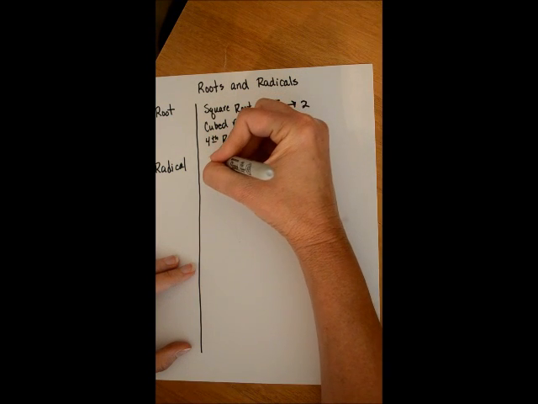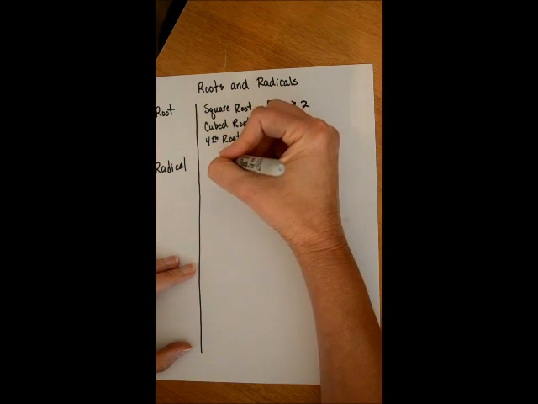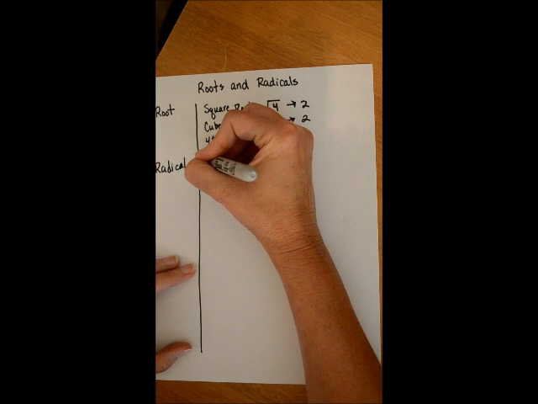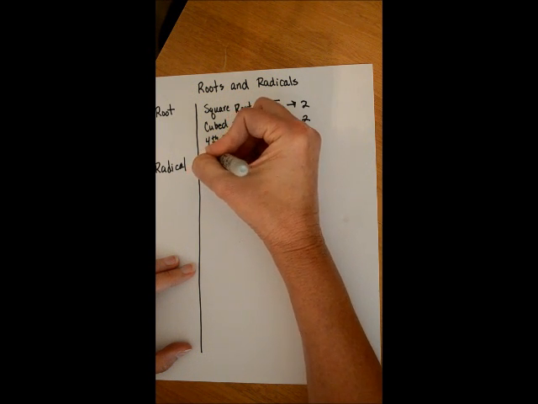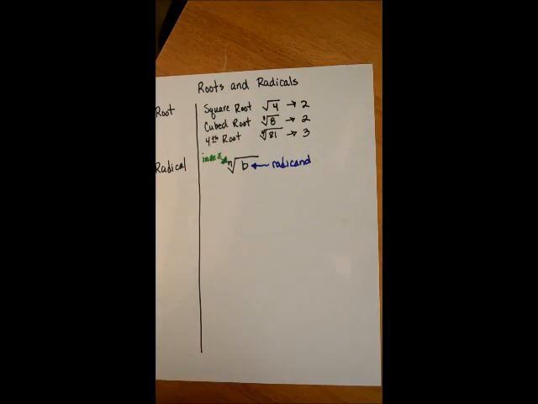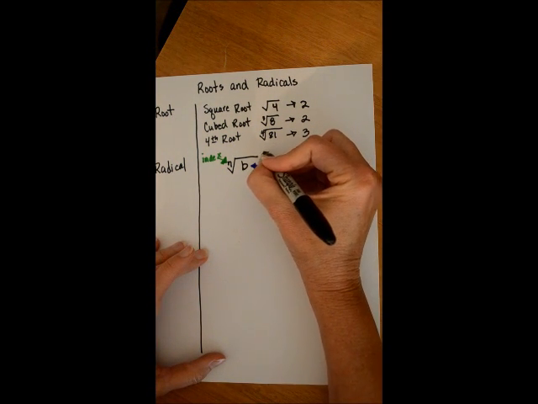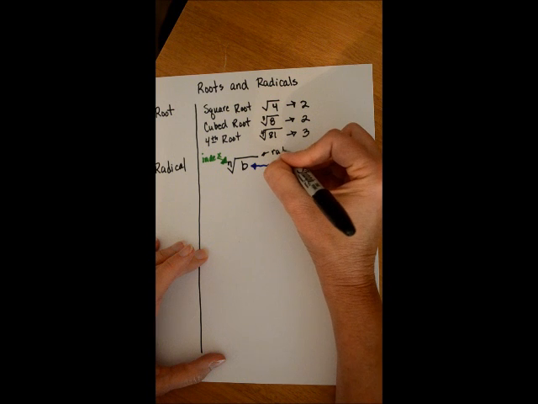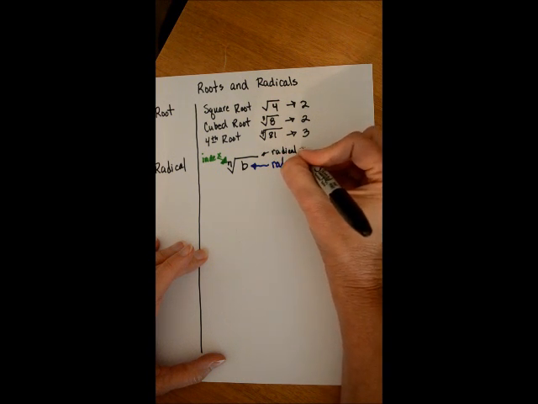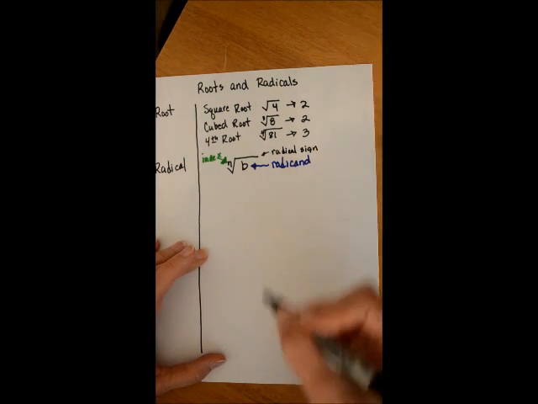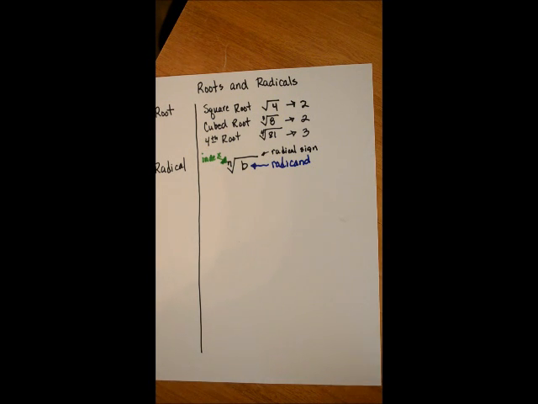The N is called the index. And of course, the sign here is called a radical sign. So that's what we have when we're looking at a radical.